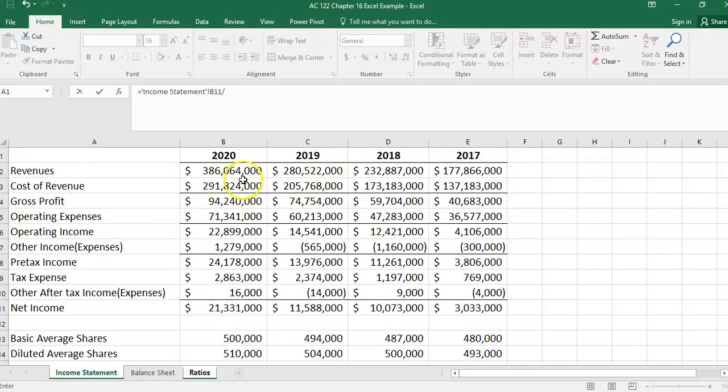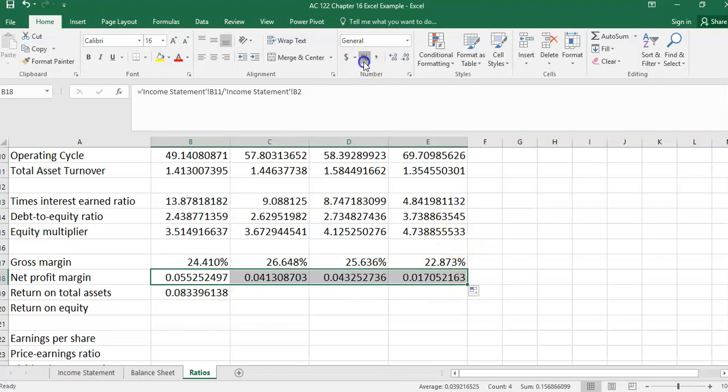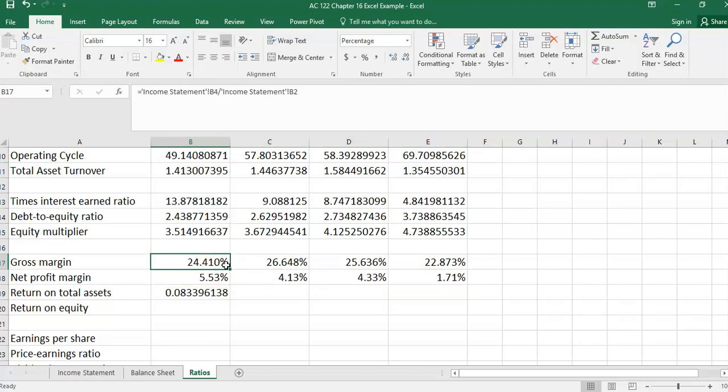So net income divided by revenues. This is also expressed as a percentage. So the percentage of every dollar that we get to keep from sales after all of our expenses and taxes have been paid, and gross margin is what is left over after our cost of goods sold.